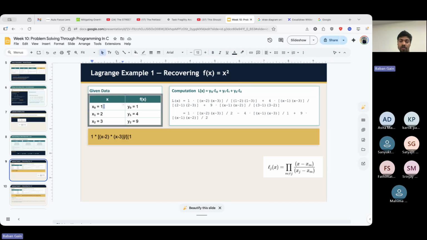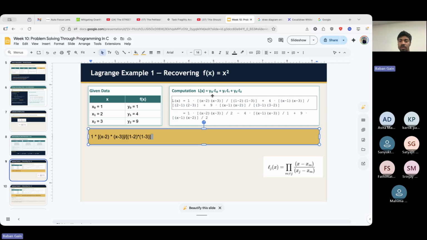So here it is like 1. So 1 minus 2 multiplied by 1 minus 3. So basically what is happening here is that in the numerator, x minus 2 into x minus 3, and in the denominator, 1, which is the current value we are trying to estimate, 1 minus 2 into 1 minus 3. Okay, so this part is done.